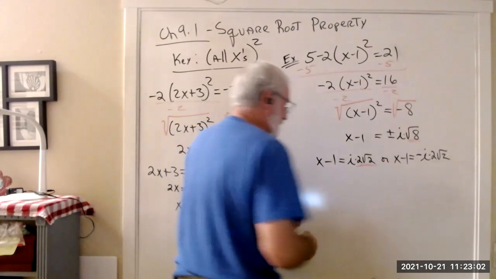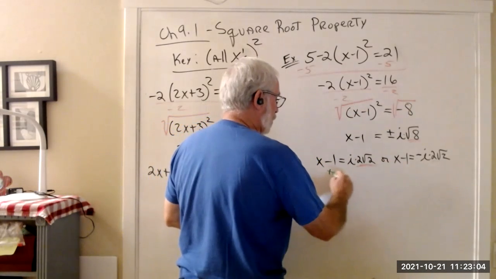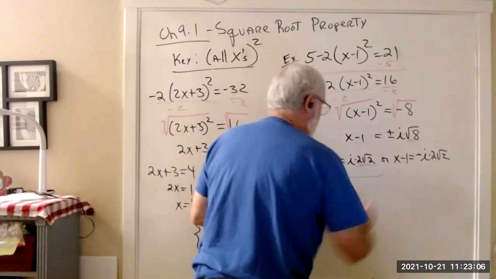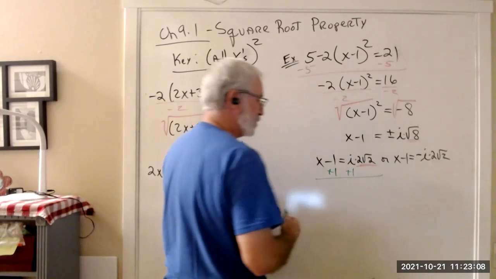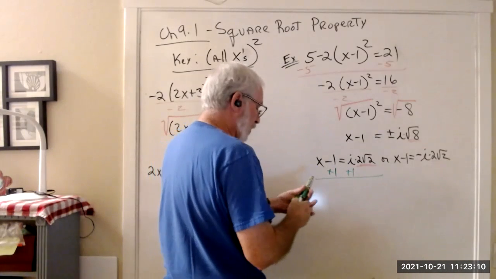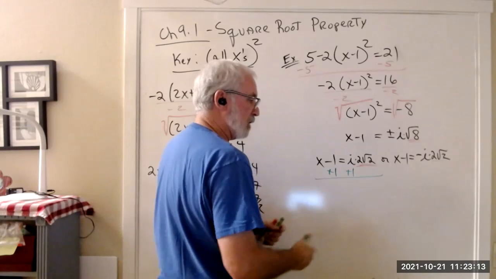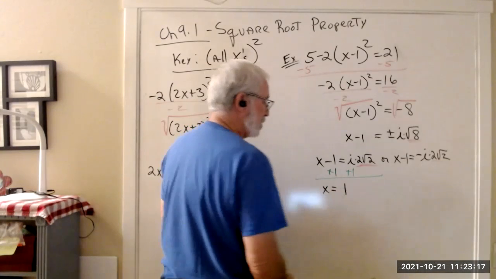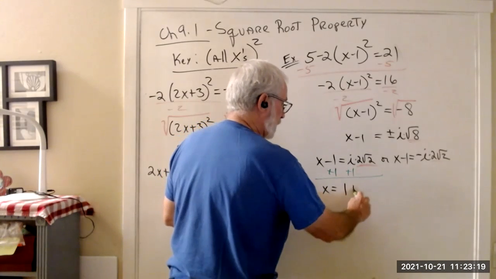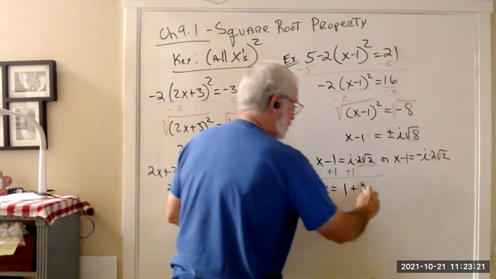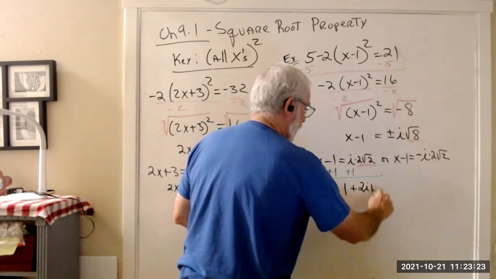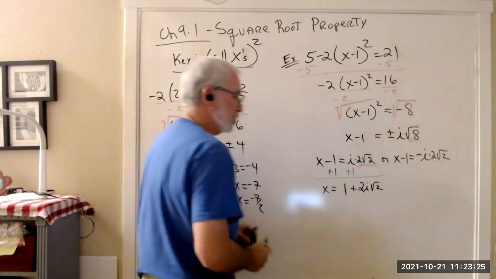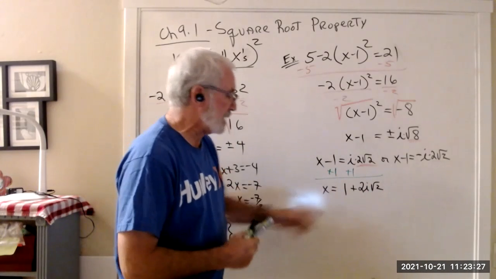Now, technically, to solve, I have to add 1 to both sides. Because remember, solving means get x by itself. So this becomes x equals 1 that I added plus 2i radical 2. You can't add those.